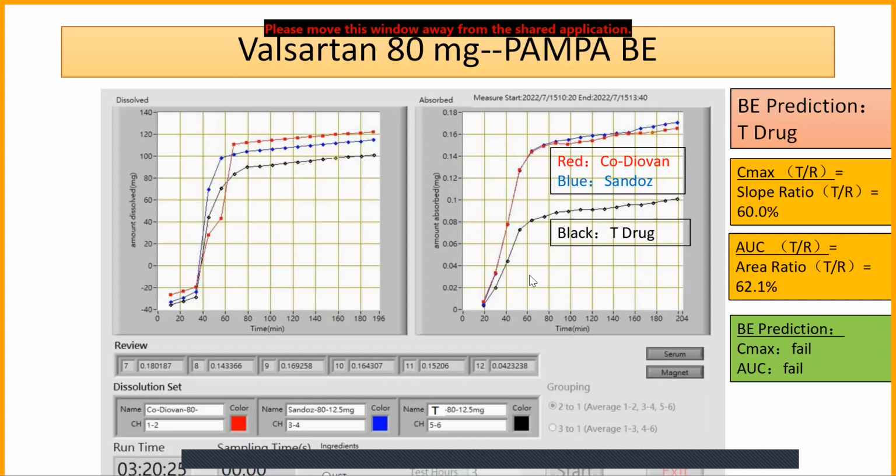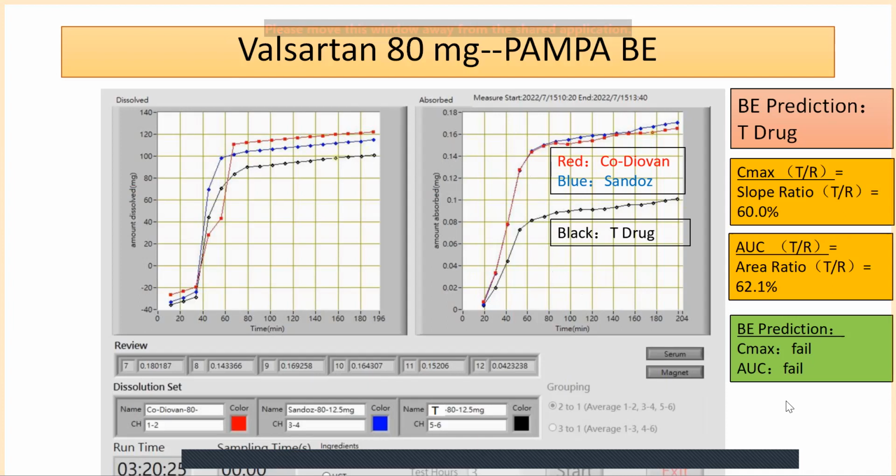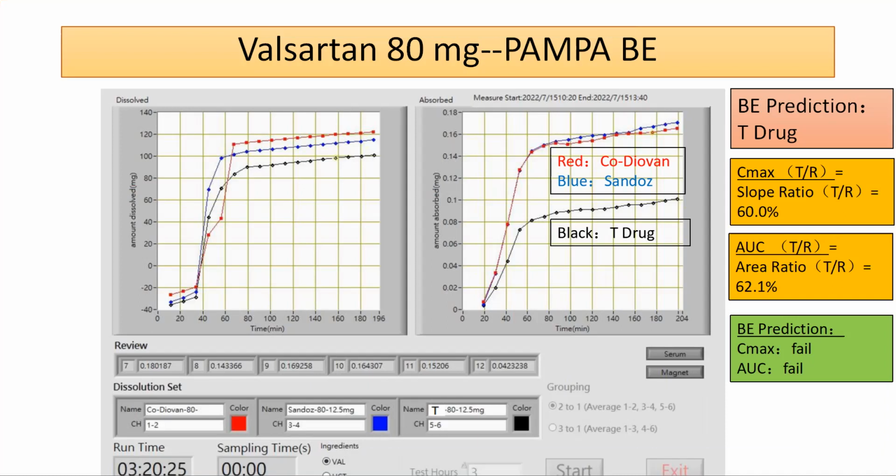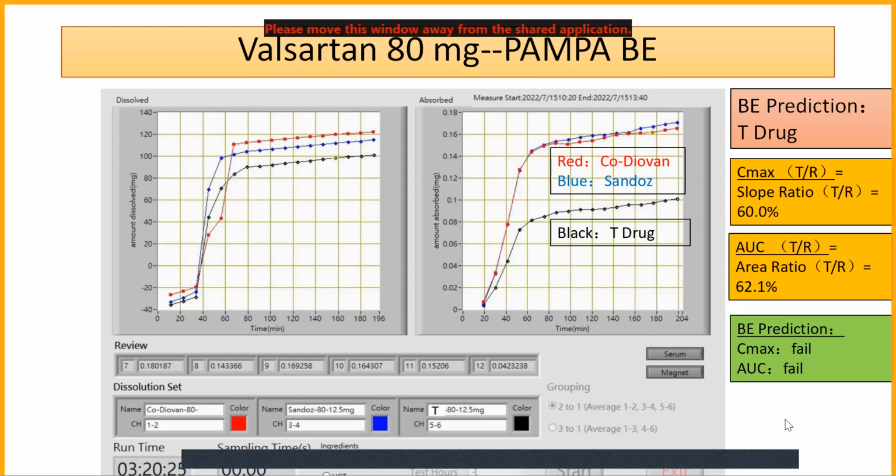Therefore, you can tell whether your drug is close to the red or far away like this, right? So it's a very interesting and very powerful tool in the laboratory, and it can precisely predict the bioequivalence. All right, let's check it out.